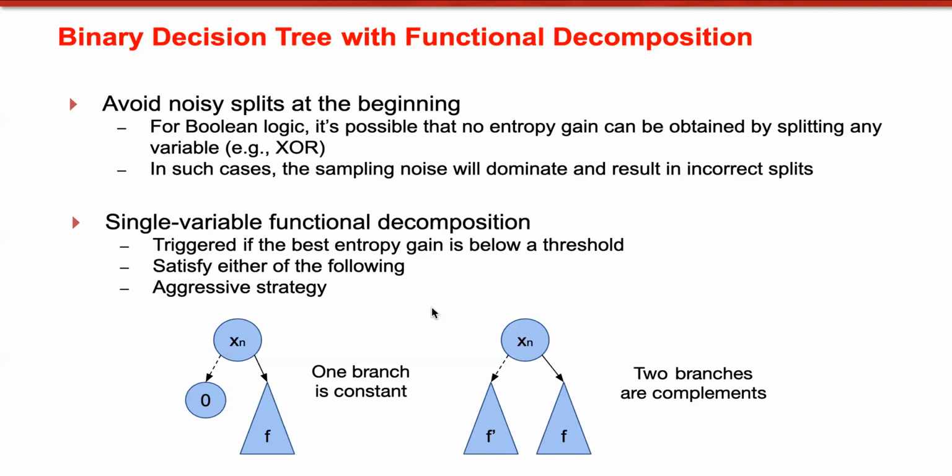After the split, either one branch is constant or the 2 branches are complements of each other. Because of the limited amount of training samples, we use an aggressive strategy. We will always assume we can split by functional decomposition unless we detect any contradictory sample.